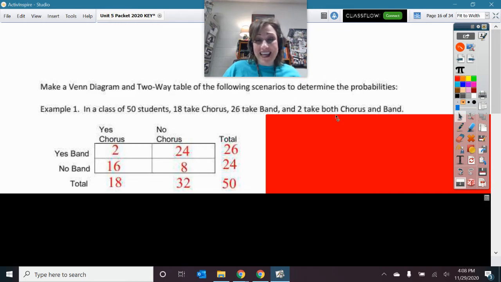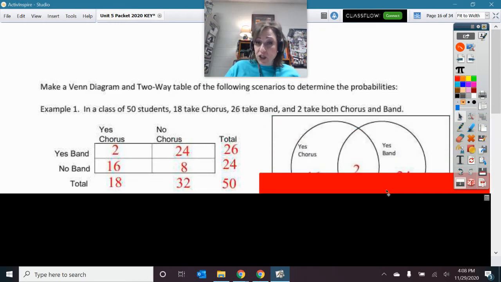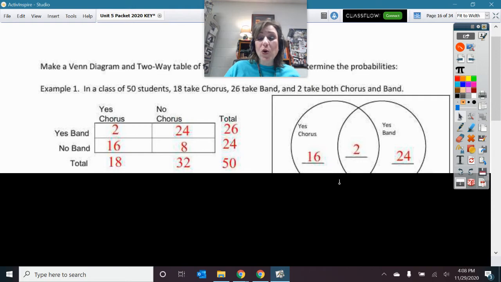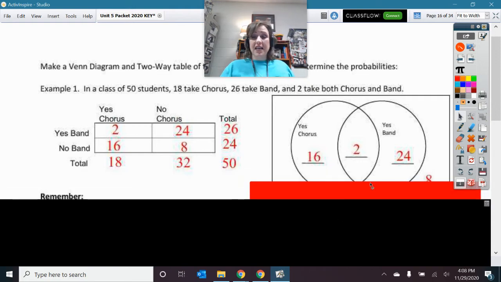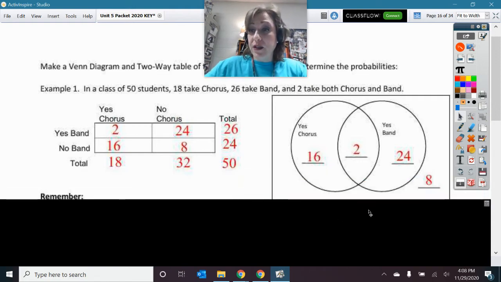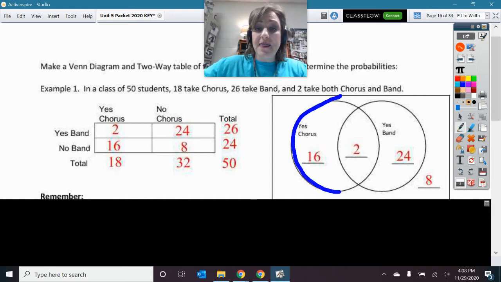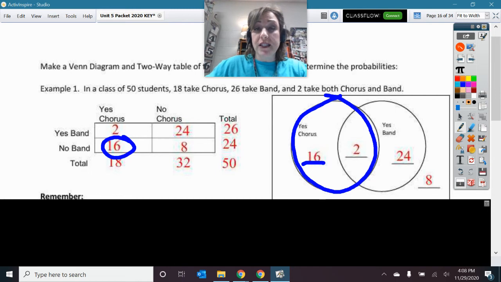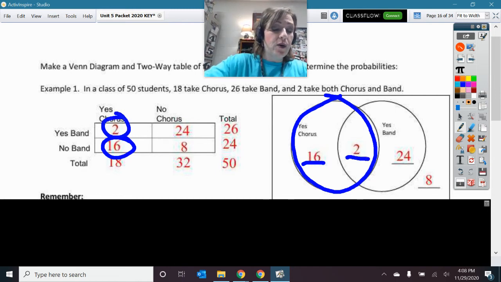So 2 of them are taking both. Whenever I talk about the 18 that are taking chorus, that's this entire circle, so this 16 is chorus only, and this was the 2 taking both.